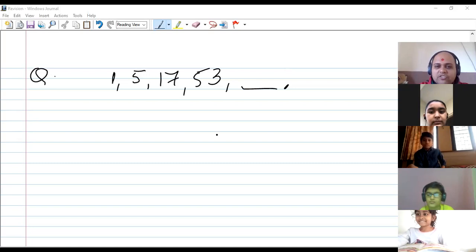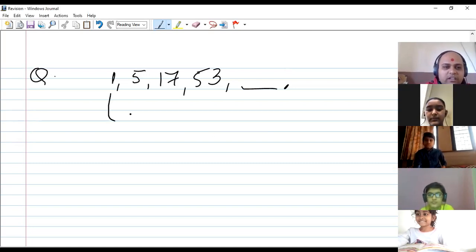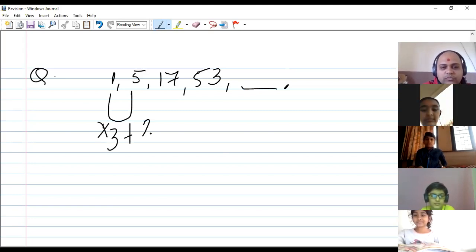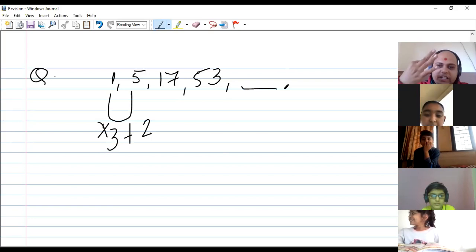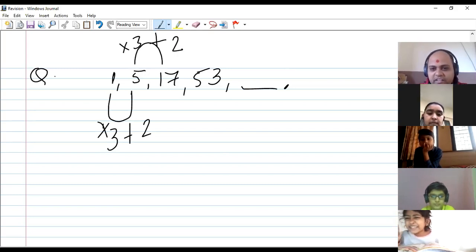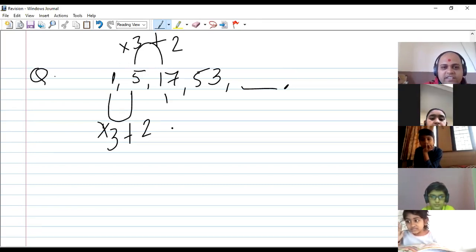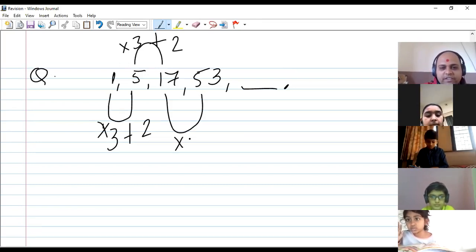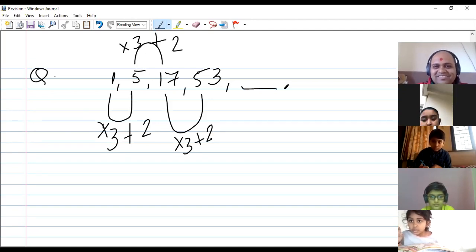No, 150 plus. See, look at the relation here, right? 1 into 3 plus 2. So 1 3s are 3, plus 2, 5. 5 into 3 plus 2. 5 3s are 15, plus 2, 17. 17 3s are 51, plus 2.